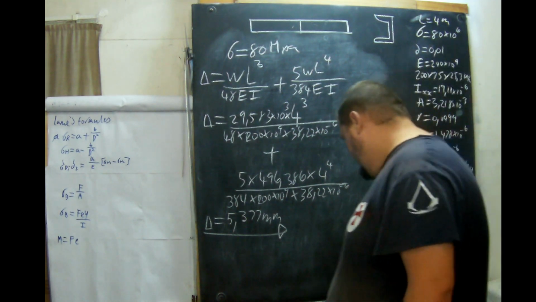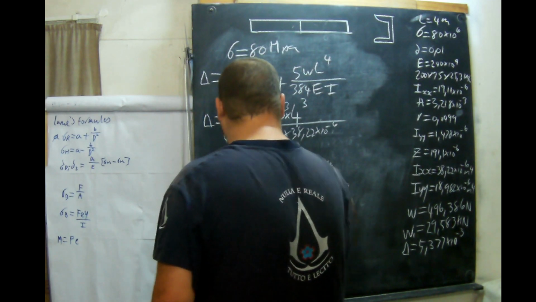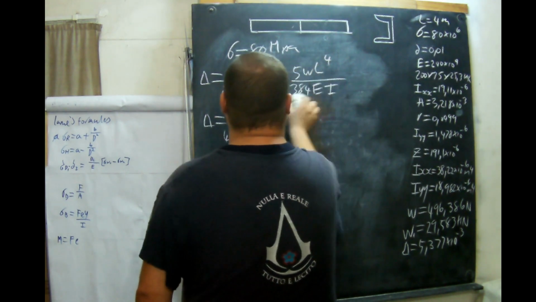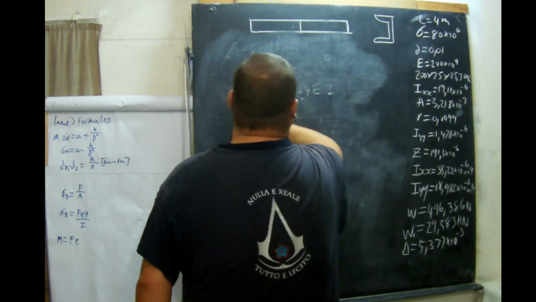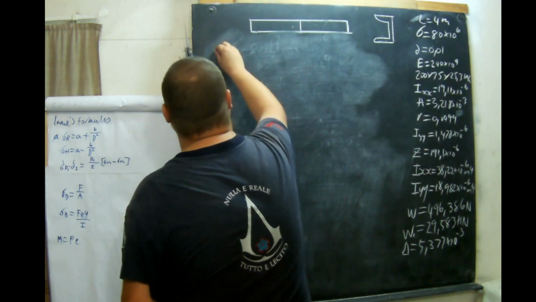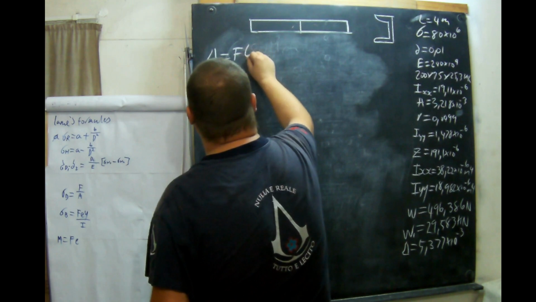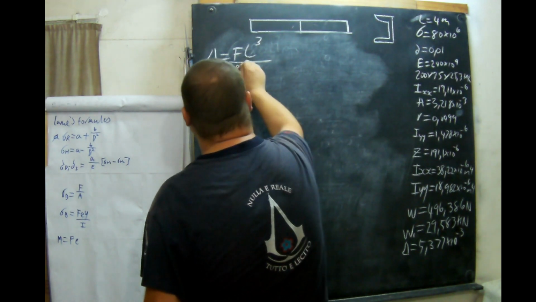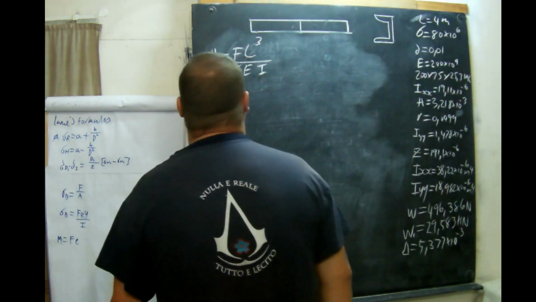Okay, last one. The force in the prop. We want the force in the prop at the middle of it that is 2 millimeters below the supports. So we have FL^3 all over 48 EI.